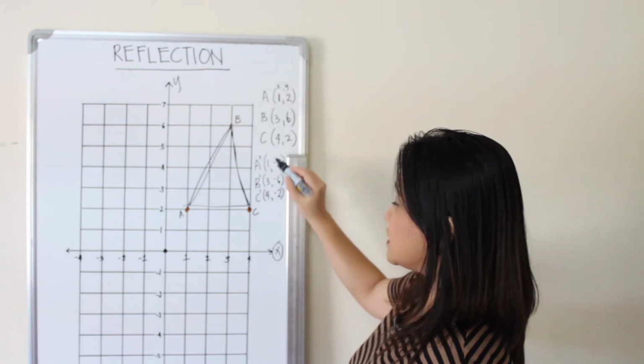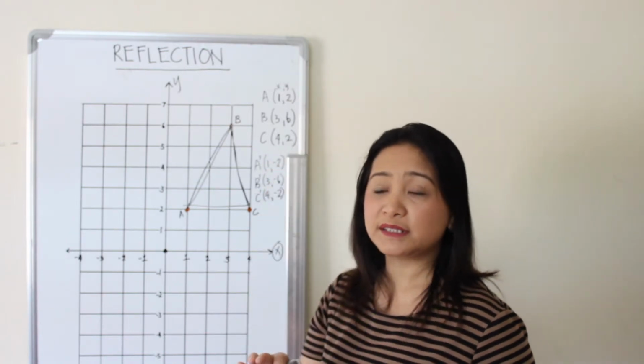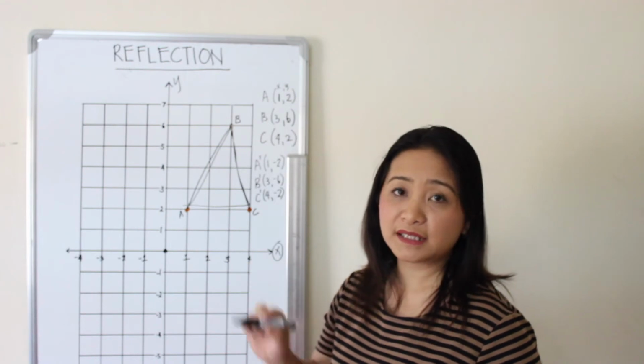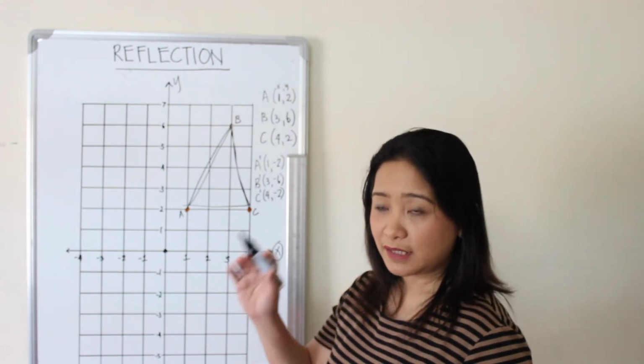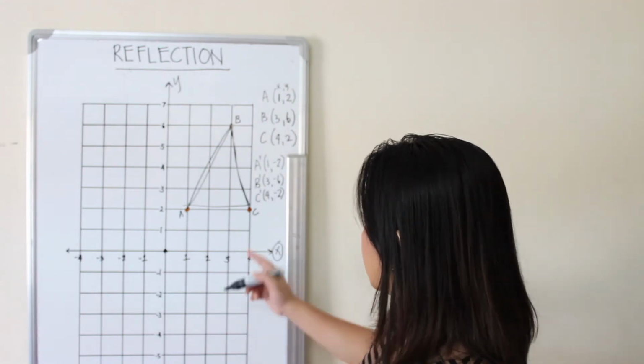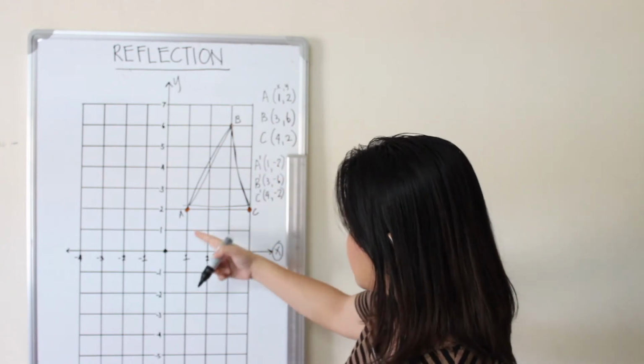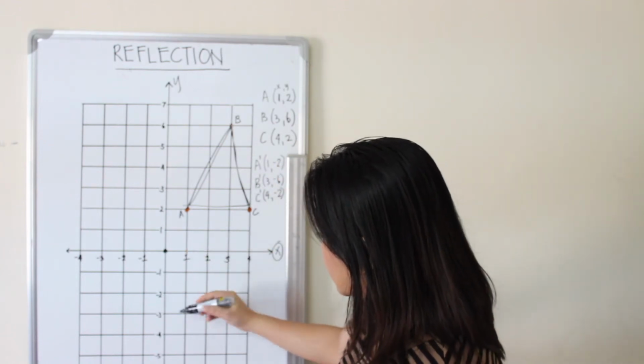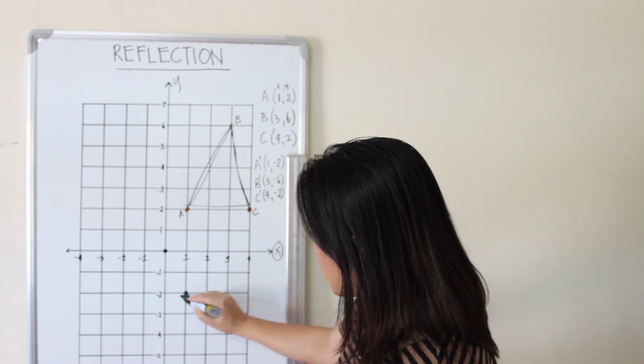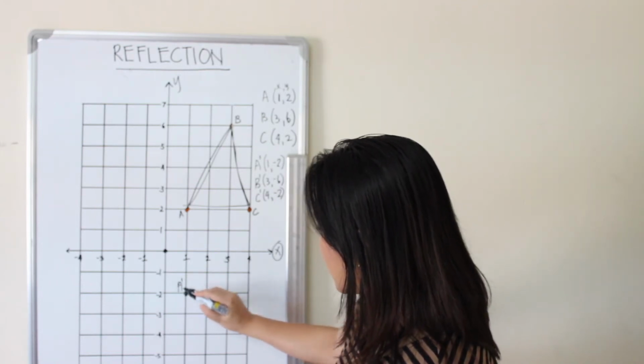Now, once you have the 3 points, it's time for you to plot them in the coordinate plane. Let's plot it together. Where is A? A is at 1 and negative 2. So 1 here and negative 2, and you have to label it as A dash.